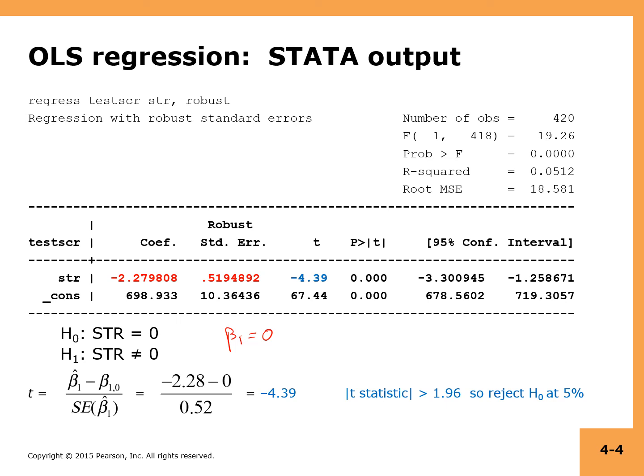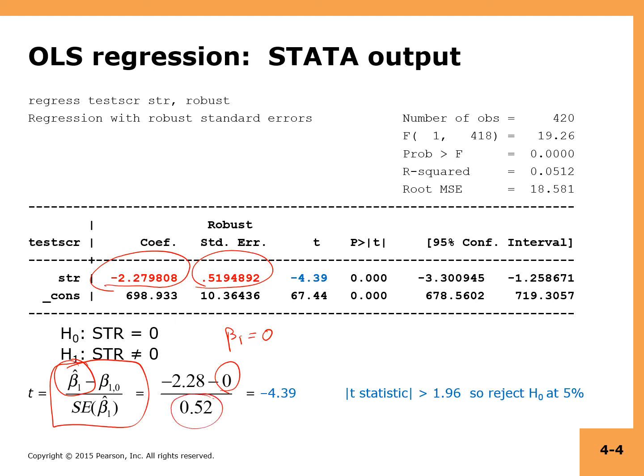Then we need to calculate the test statistic. So using this formula, our beta hat 1, which is the estimated coefficient of STR, is given in this data output, negative 2.28, minus the null value, which in our case is 0, since we're testing if STR, or student-teacher ratio, is equal to 0, divided by the standard error of our estimated coefficient beta hat 1, which is also given in the data output, 0.52.